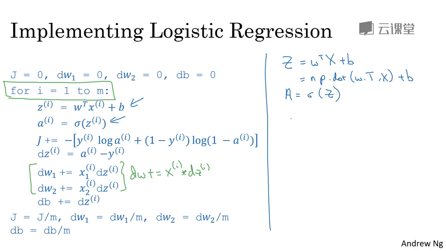Next, on the previous slide, we said you would compute dZ equals capital A minus capital Y. So now you computed all of this for all the values of i.